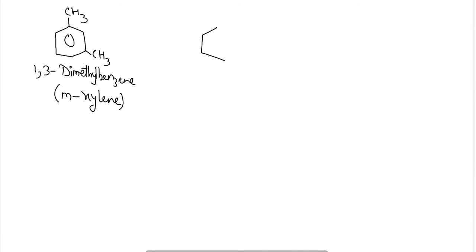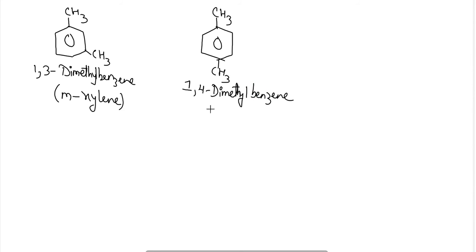If it is shifted to the fourth position, then the name of the compound will be 1,4-dimethyl benzene, that is paraxylene. So O, P and M, O for ortho, P for para and M for meta, are used for denoting the position.